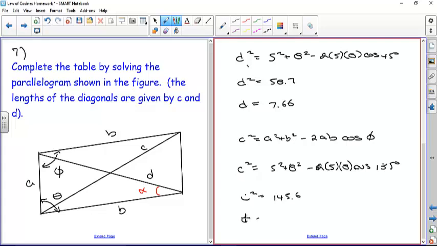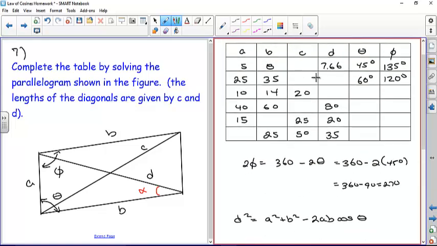Take the square root of that, and you get 12.1. And again, from an order of magnitude standpoint, this is the larger angle, so you'd expect this distance to be larger. This side corresponds to this angle. This side corresponds to that angle.